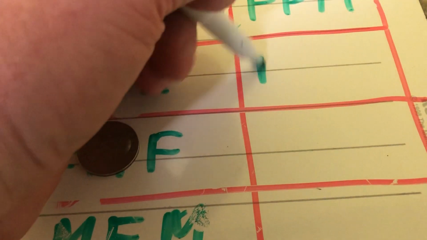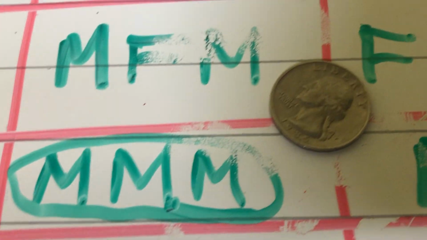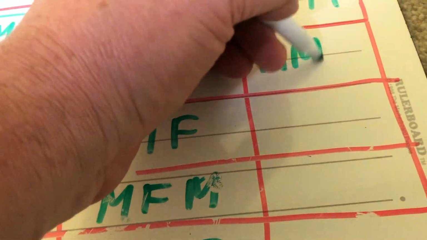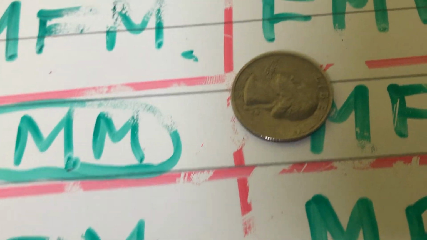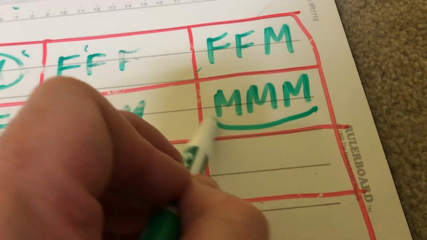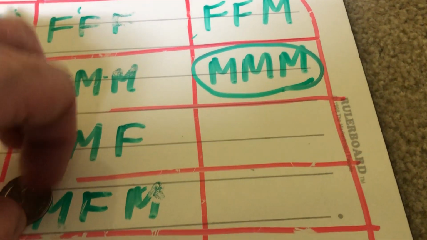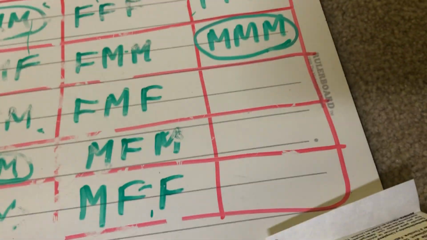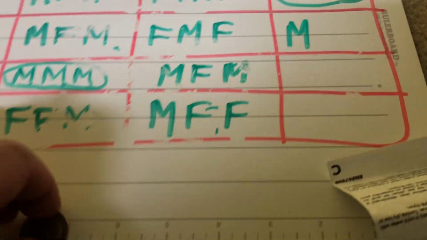That's going to be heads, so that's going to be a male. That's going to be heads again, so that's going to be a male. Heads again, so that's going to be a male. There's another one where all three were males. Moving right along. Another male, that's heads.